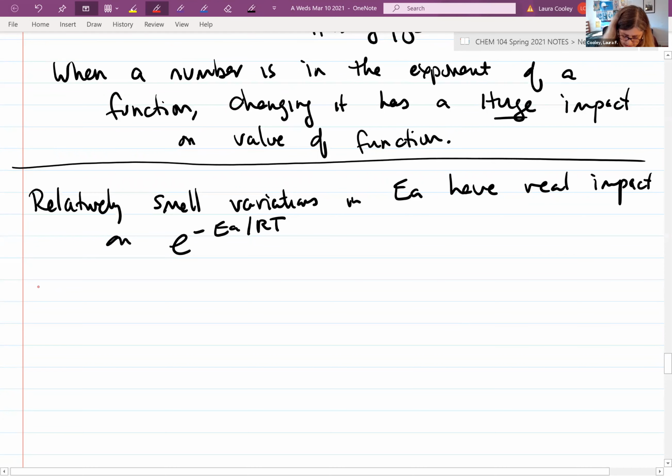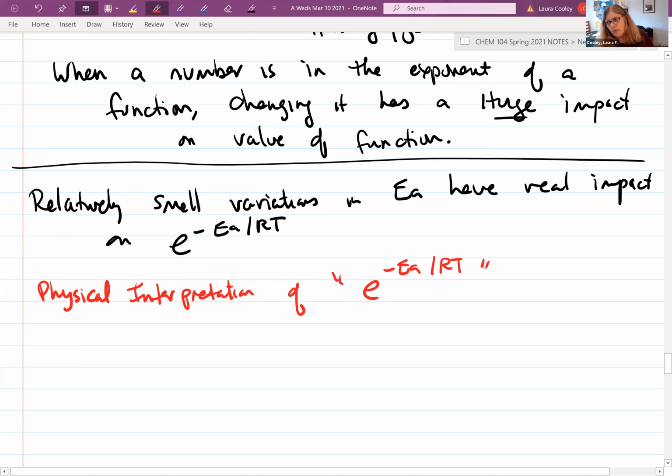But I want to tell you what is the physical interpretation of this e to the minus EA over RT. And what that actually is physically, if you think about it, well, I don't expect you to have thought of this, but it's actually the fraction of collisions that have the activation energy, that have the required energy to go over the barrier.